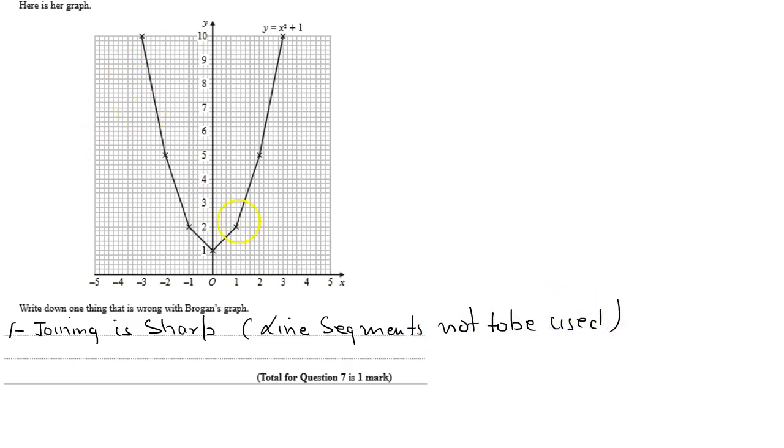For this type of graph you are supposed to use freehand drawing. And you can say even this point, the vertex, is too sharp, so you can write any of these points here.